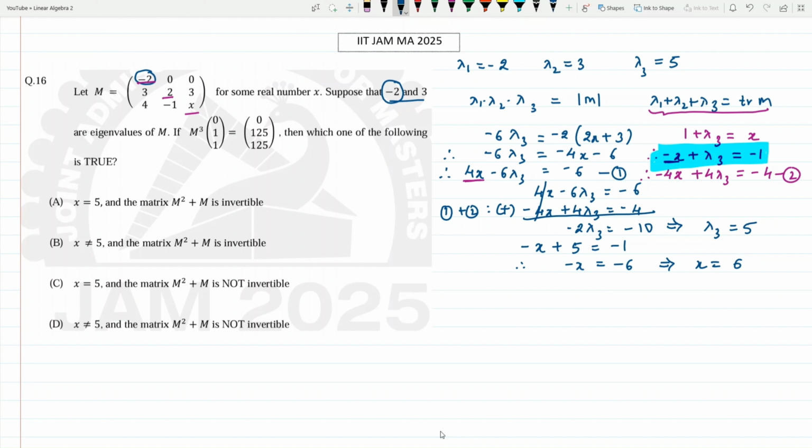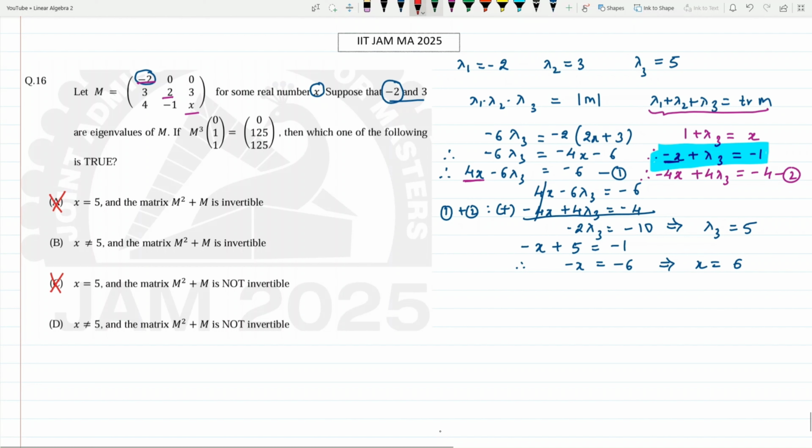So thus we have got the value of x to be 6, and we can look at the options now. In option A, it says that x is equal to 5, so we are sure that this is false. In option C also x equals 5, so we are sure that this is also false.